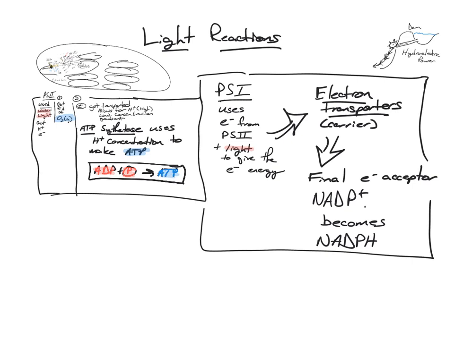What else did we use up? We used up NADP plus, and we got NADPH. So again, this is a summary of the summary of the summary. As we reduce down to the very essence of this, we took water and light, using all these proteins and membranes and the hydrogen ion concentrations, and we made NADPH.